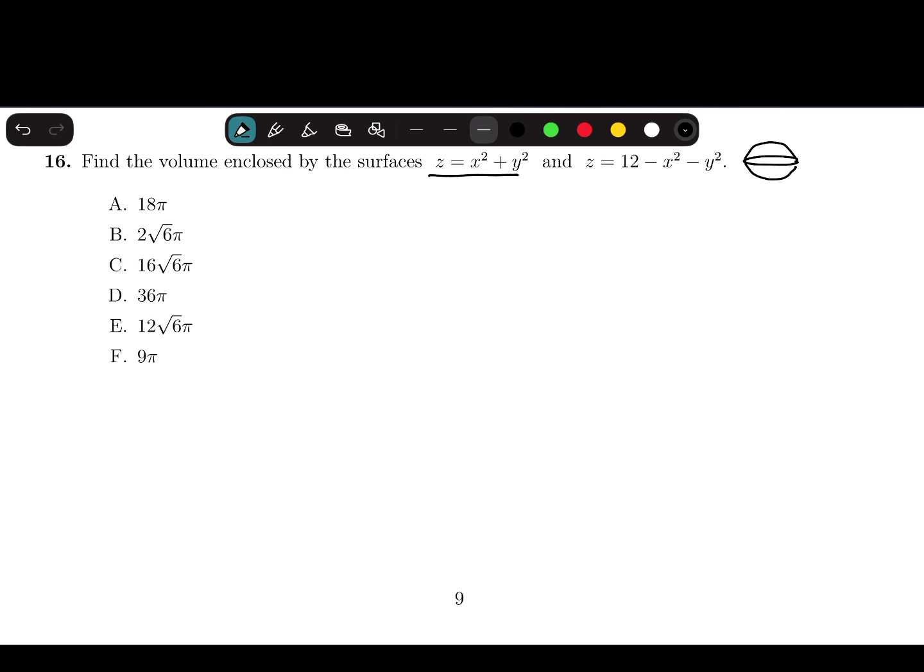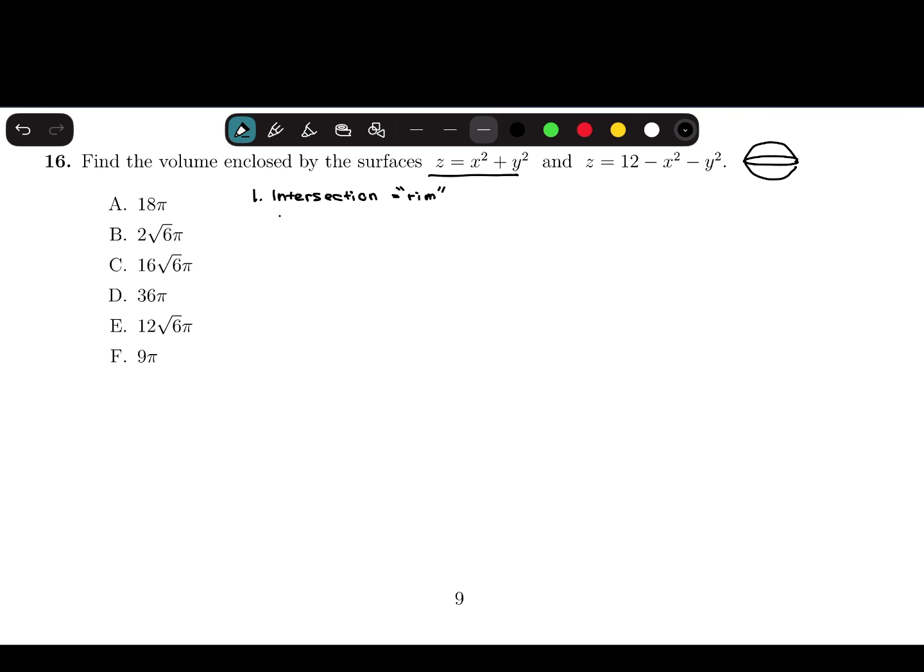And to find this, we subtract the bottom bowl from the top bowl and add those differences over the area where they overlap. So how do we do this? Well, the first step is to find the intersection. That is also equal to the rim. Call this the rim.